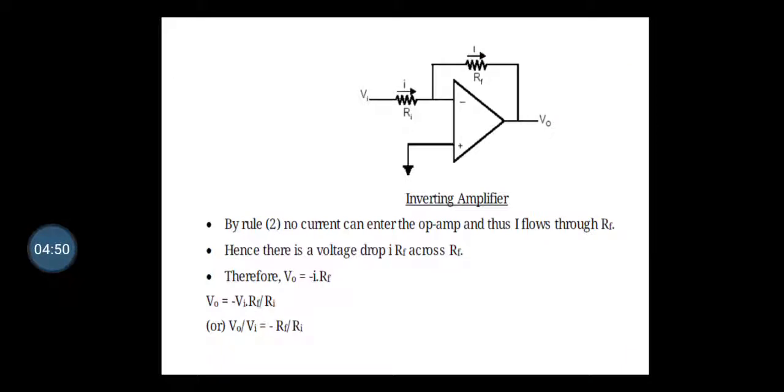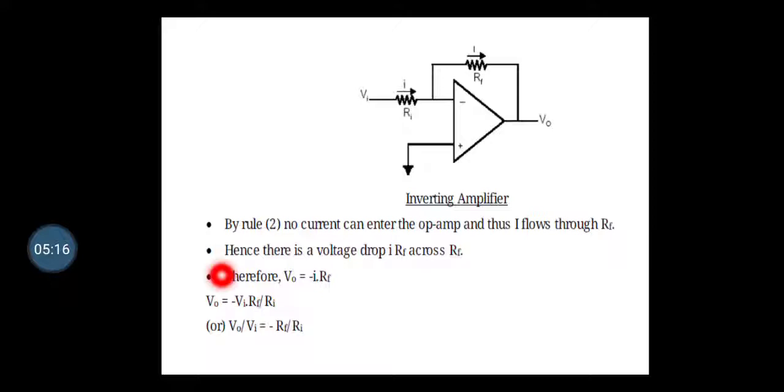The figure shows the inverting amplifier arrangement. In an inverting amplifier, the input is given to the inverting terminal. By rule 2, no current can enter the operational amplifier and thus the current flows through the feedback resistor RF. Hence there is a voltage drop I RF across RF. Therefore V0 is equal to minus I into RF because it is an inverting amplifier.